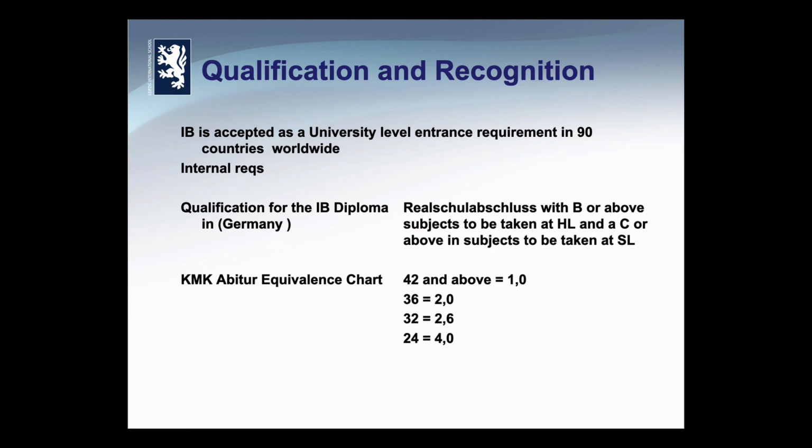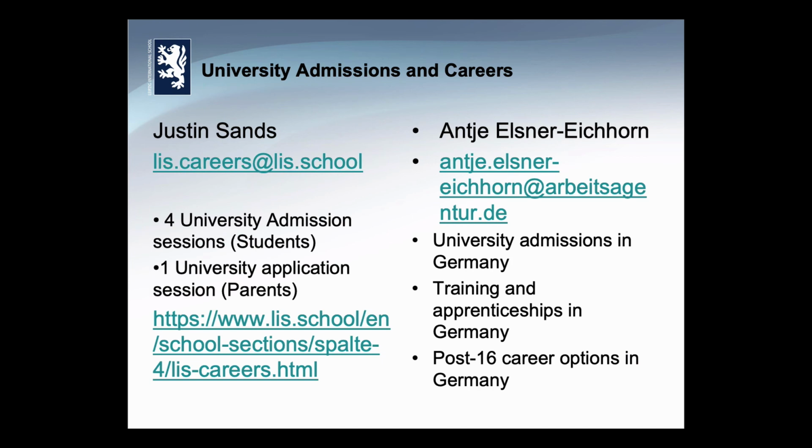Okay, so as I said, Mr. Justin Sands is our Careers and University Coordinator. He works mostly with 4 main university systems, and that would be Germany, the UK, the US, and Holland.